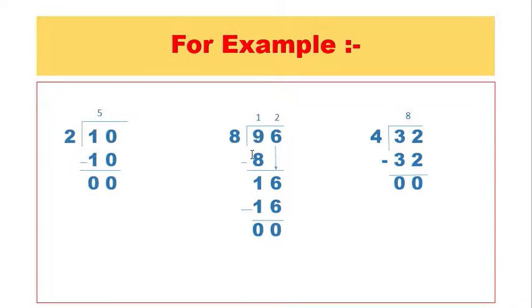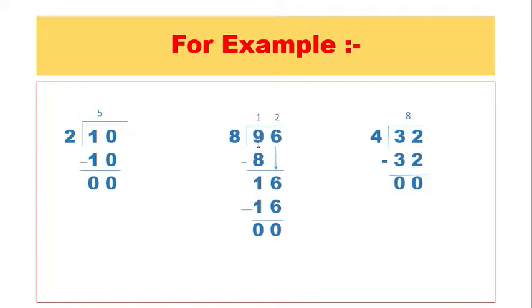Another example, 96 divided by 8. Can you find 9 in 8's table? No, we cannot find 9 in 8's table. So we take the nearest number to 9. 8 multiplied by 1 is equal to 8. 8 ones are 8.